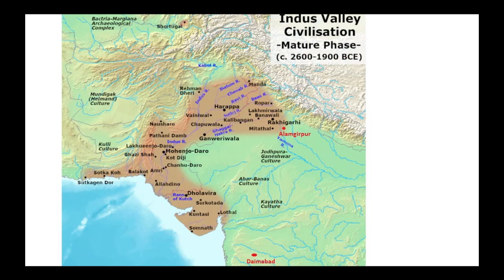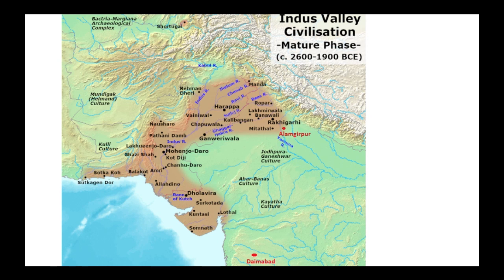Here is the map of Harappan Valley civilization or Indus Valley civilization in the mature phase, the second phase. You can see different sites: Rakhigarhi, Sutkagendor, Balakot, Dholavira, Surkotada, Lothal, Rahman Dheri.